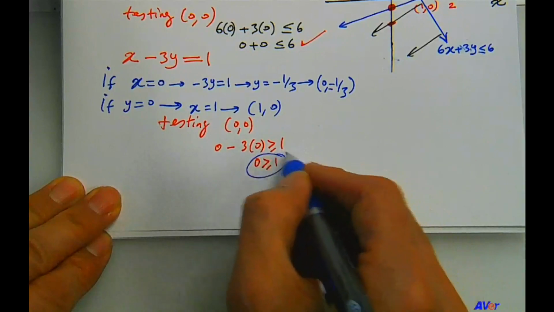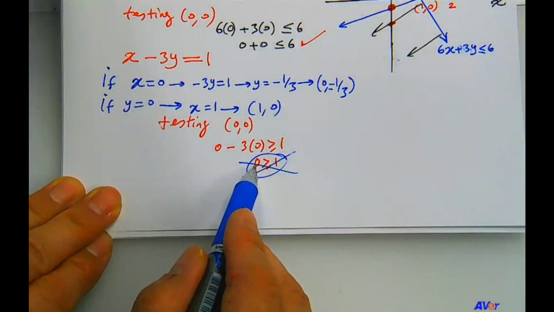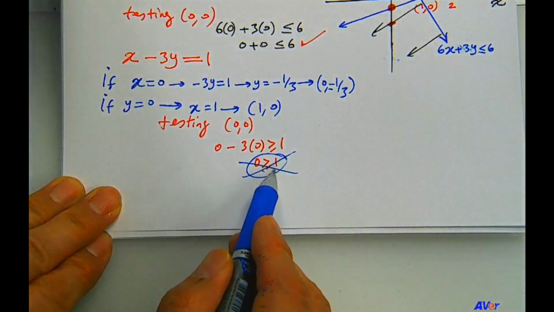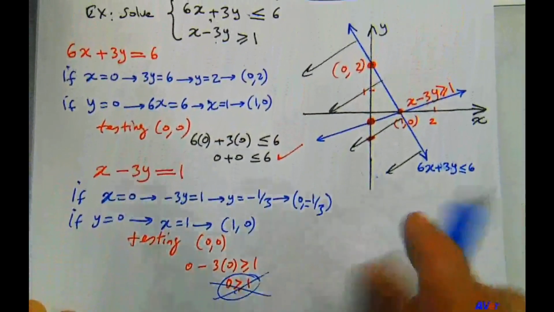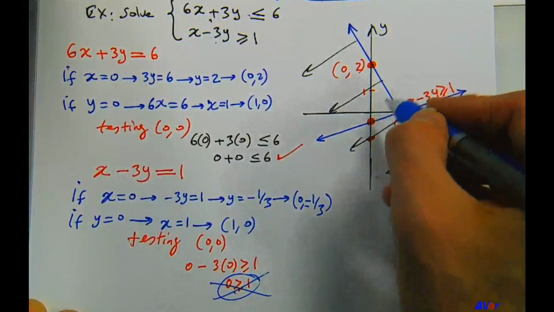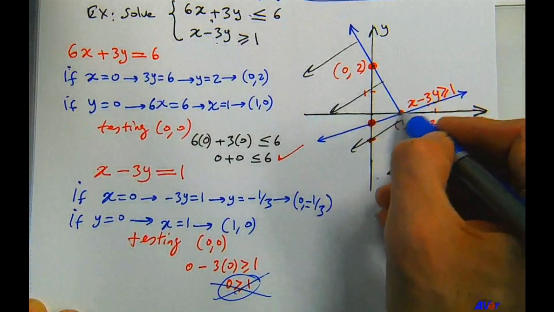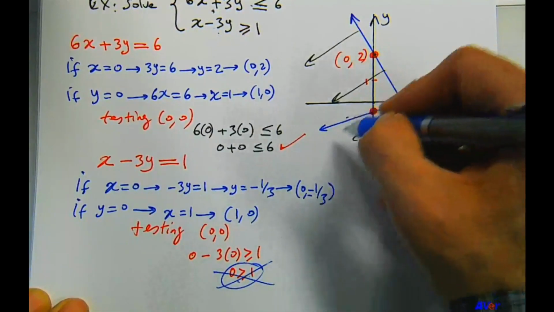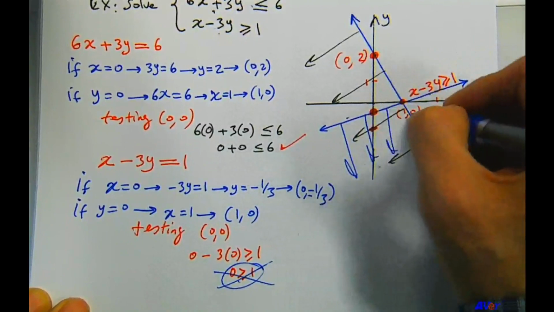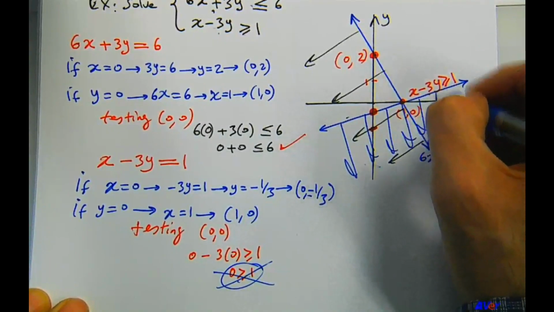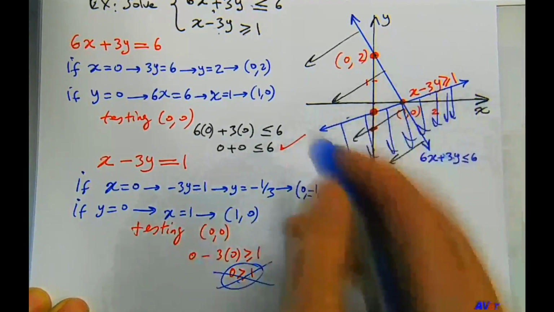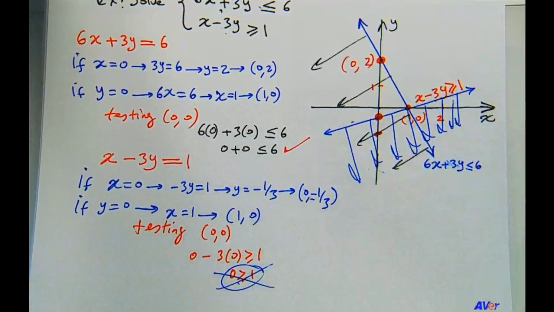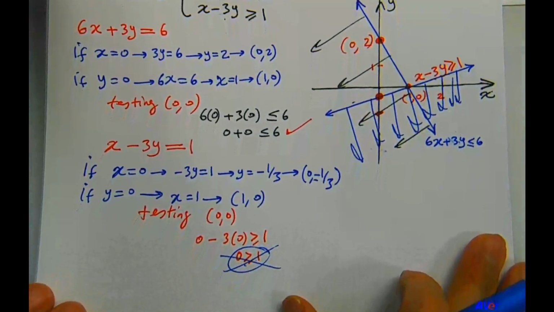No. This is false. 0 is not greater than or equal to 1. So we picked the test point on this side of the line, and it did not check out. That means the opposite side, this side, is the solution for that inequality.